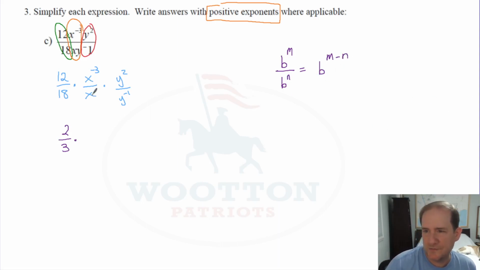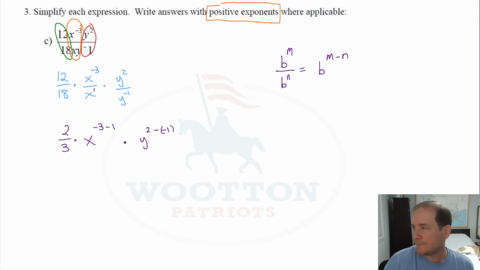So technically this would be x to the negative 3 minus 1, because downstairs we've got a 1. Okay, and then the y's would be y squared minus negative 1, which has me thinking that we're about to get a 2/3 times x to the negative 4 times y to the positive 3.